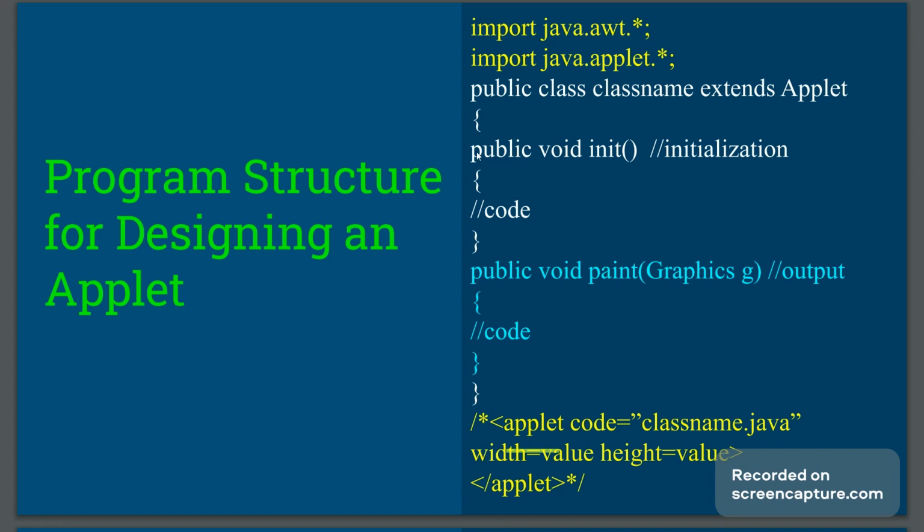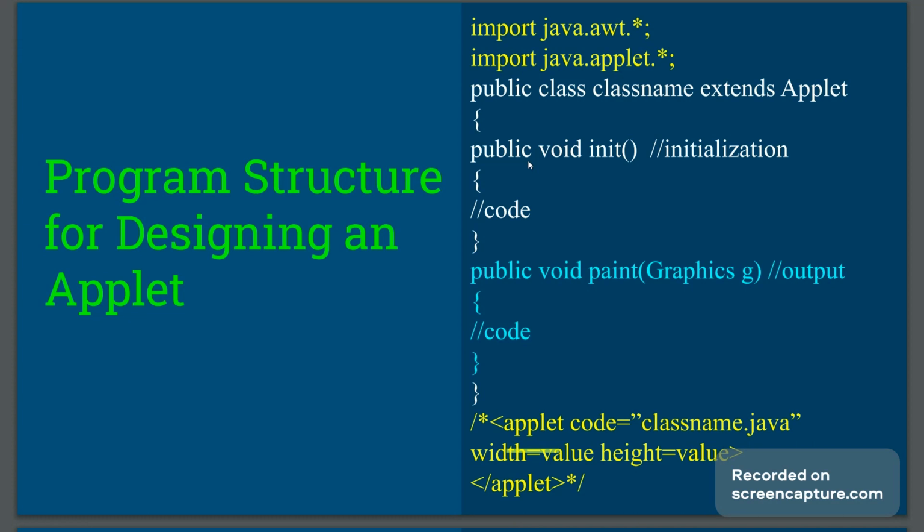So if you want to write code for initial settings, like if you want to set the background color, if you want to keep your file open before the applet is started, if you want font settings to be changed before the applet is loaded, all that initial task code is written in the public void init method.